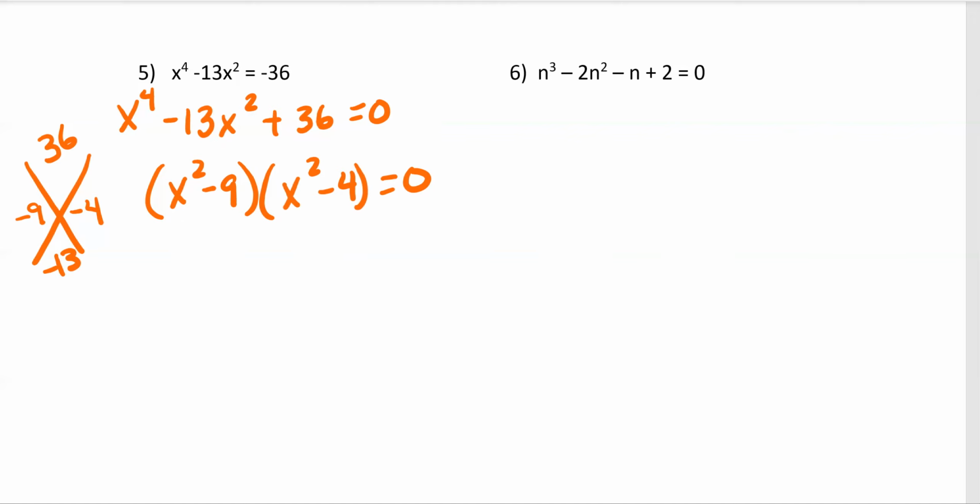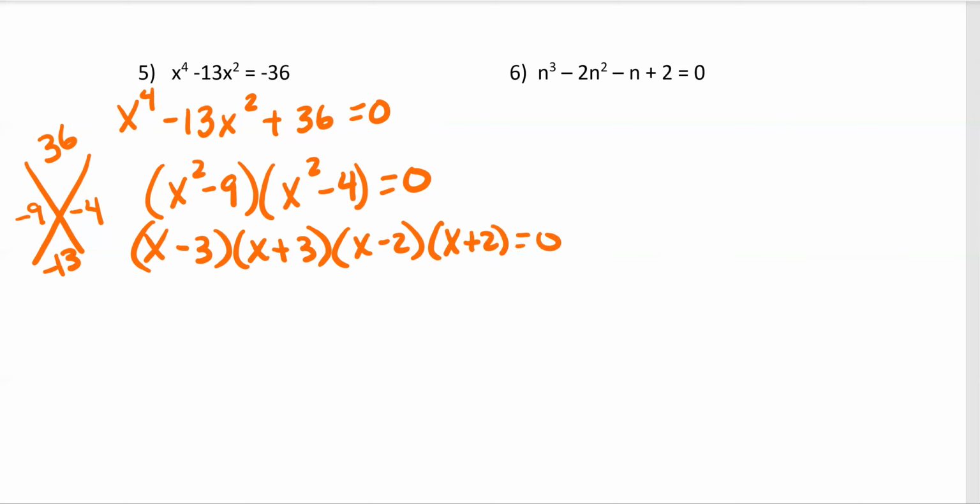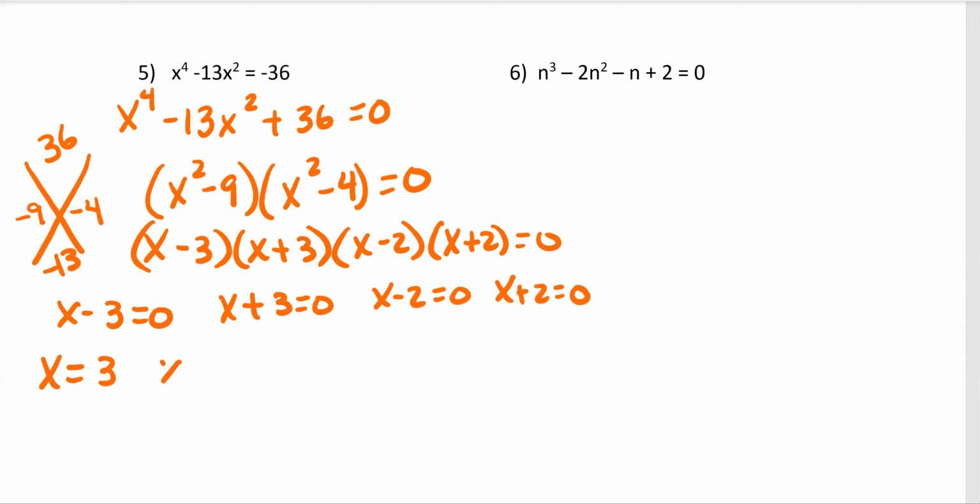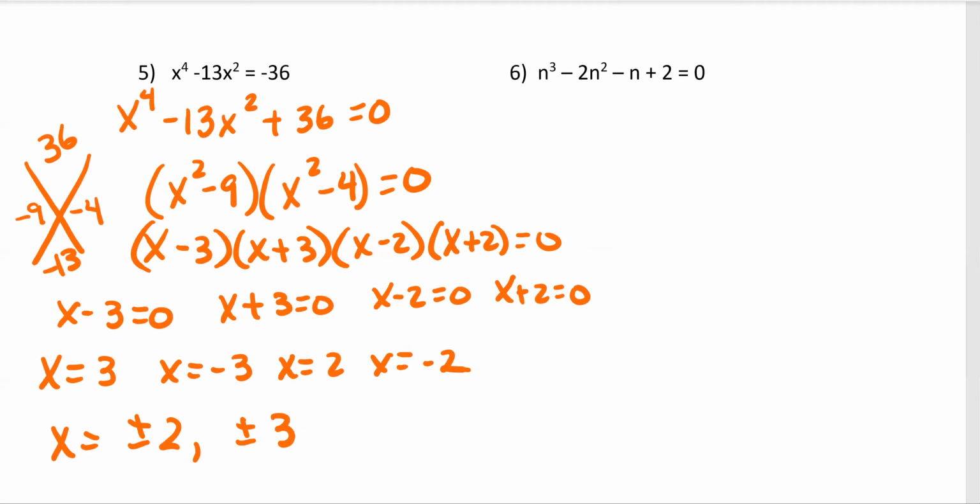So x squared times x squared is x to the fourth. You will notice that both of these are a difference of perfect squares. Now we have 4 factors to set equal to 0. And there you have it.